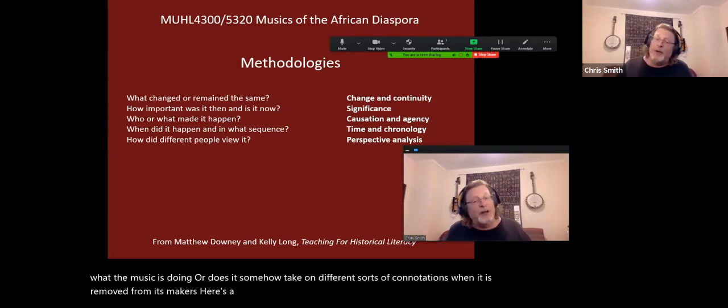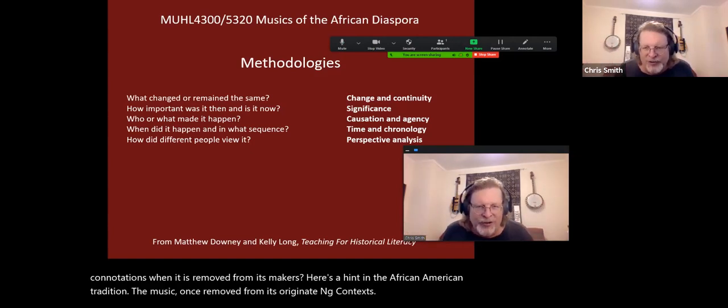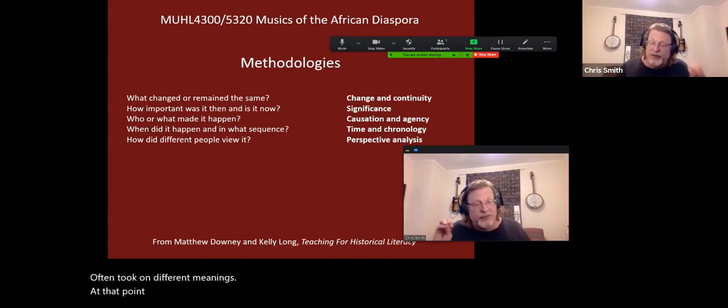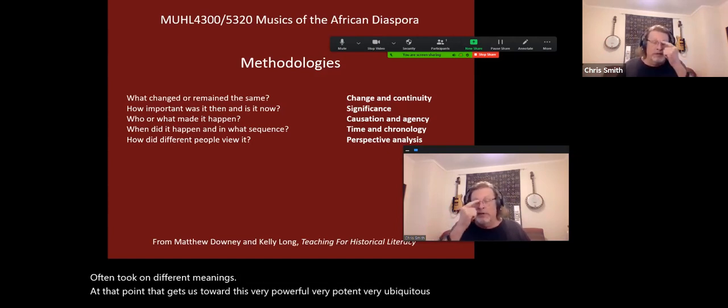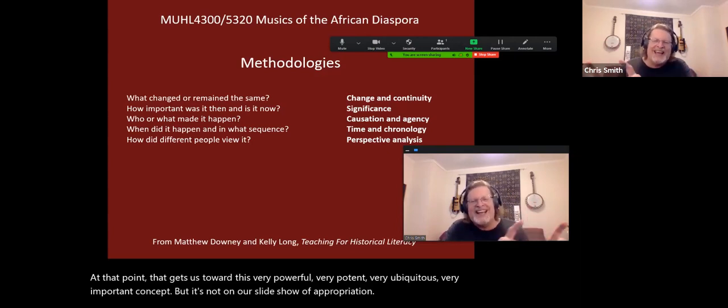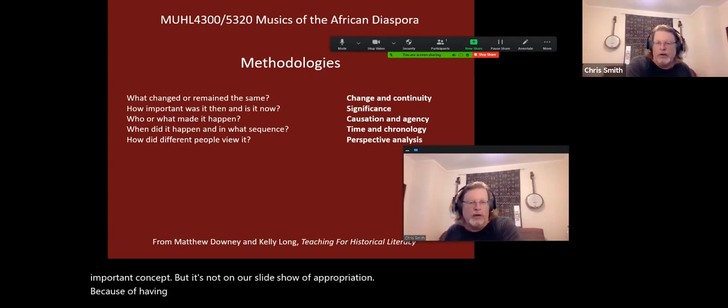Here's a hint. In the African American tradition, the music, once removed from its originating contexts, often took on different meanings. And that gets us toward this very powerful, very potent, very ubiquitous, very important concept, though it's not on our slideshow, of appropriation, of taking because of having greater social power.